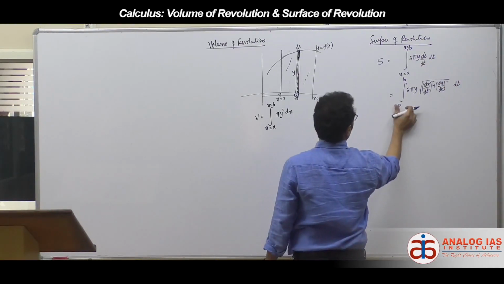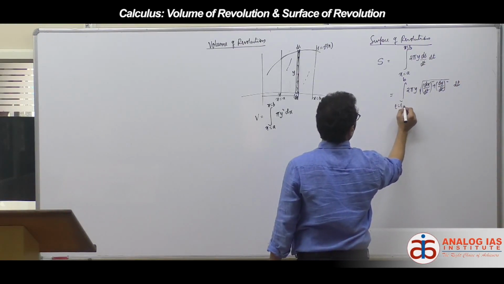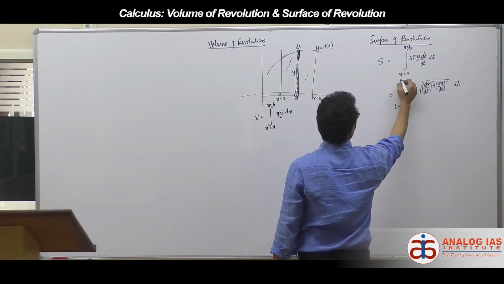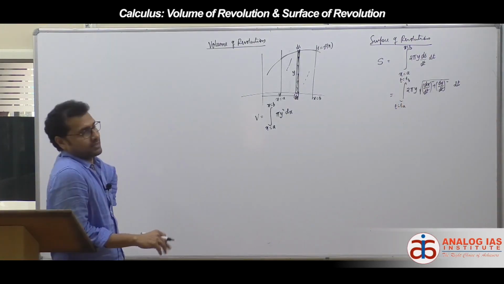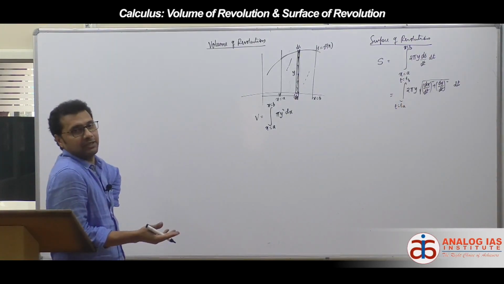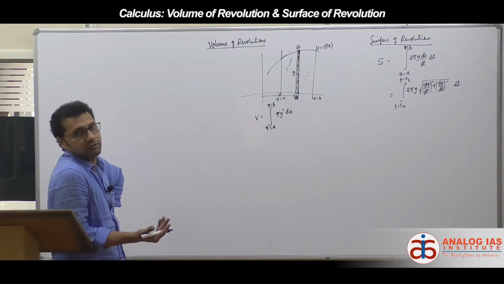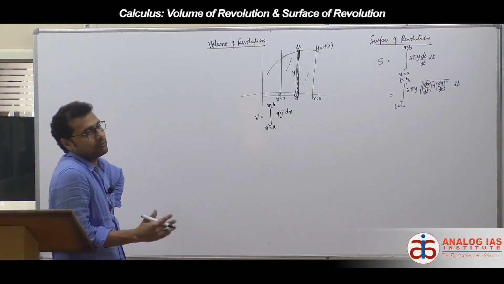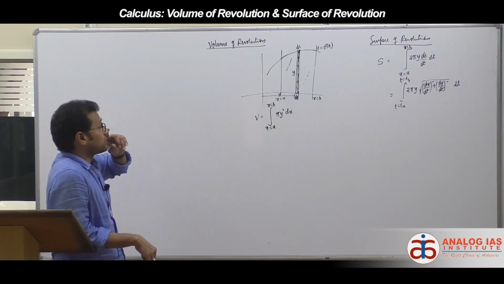Then t would run from ta, the parameter for x equal to a, to tb, the parameter for x equal to b. That would be the surface of revolution.